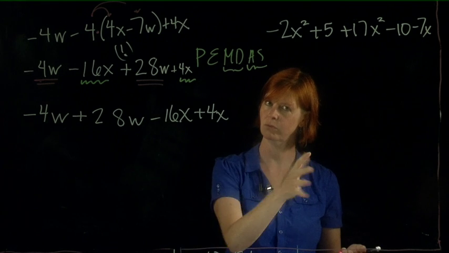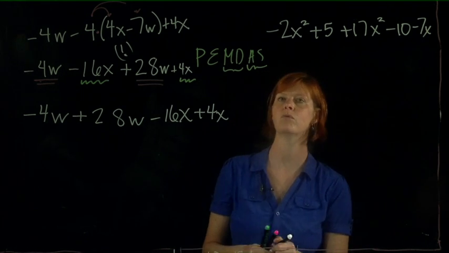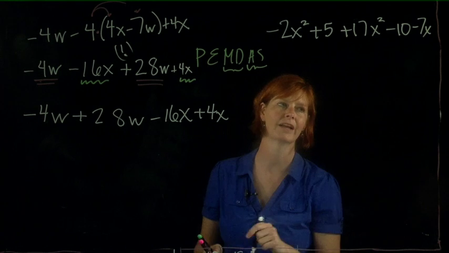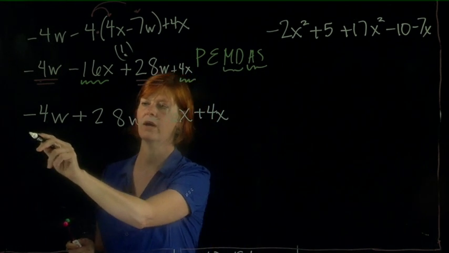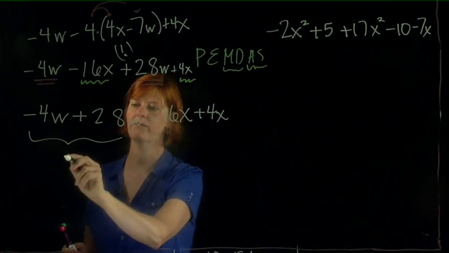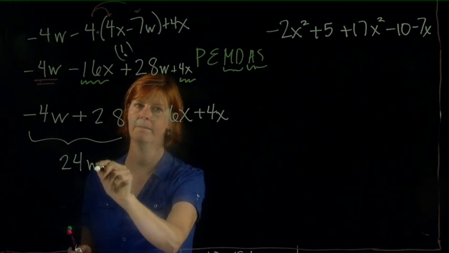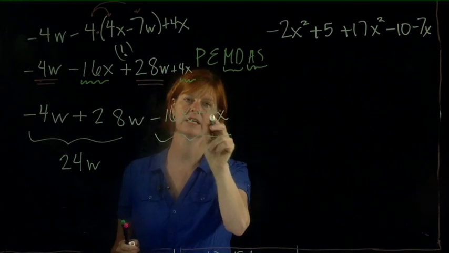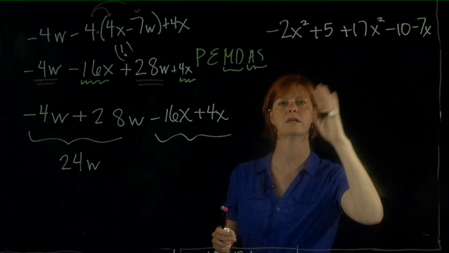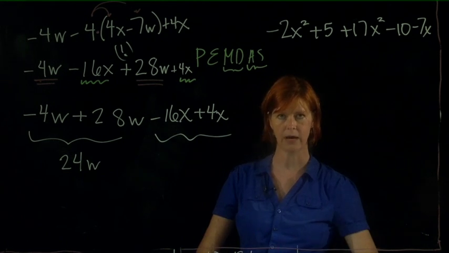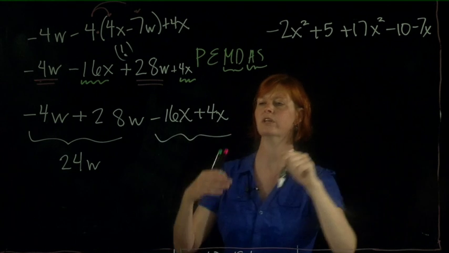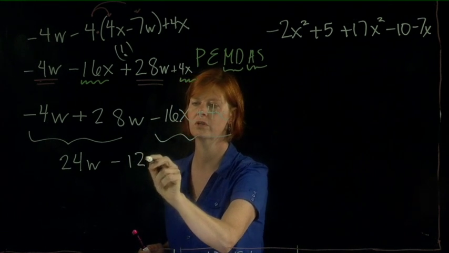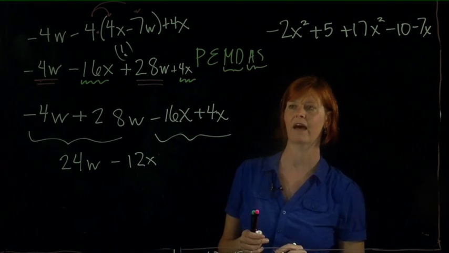Okay, that's kind of weird. Now we've got addition, subtraction of like terms, and this problem just proceeds as you would think. 28 take away 4 is 24 of them, and -16 plus 4, think of that thermometer where you're down at 16, then you move up 4, you're still pretty cold if you're doing degrees, but there you have it, you're at -12.